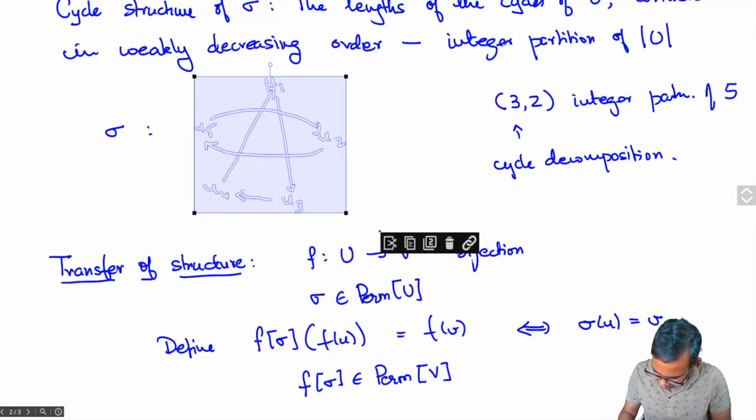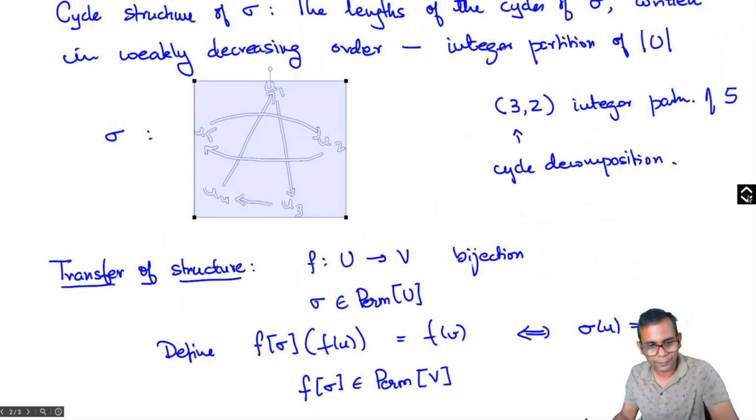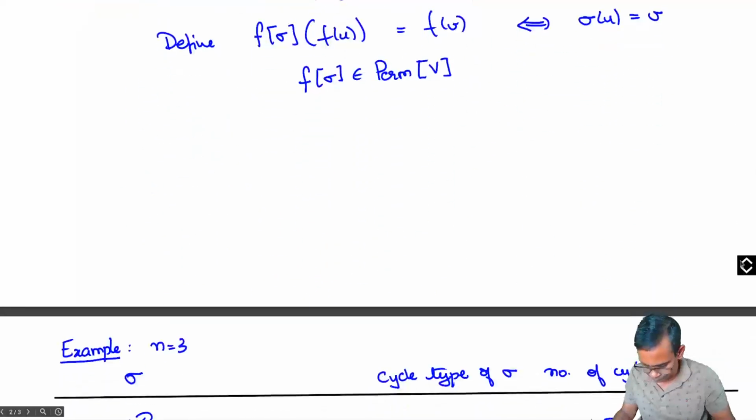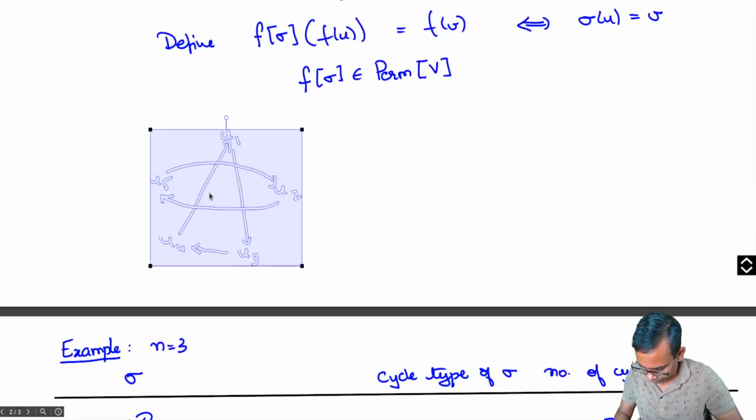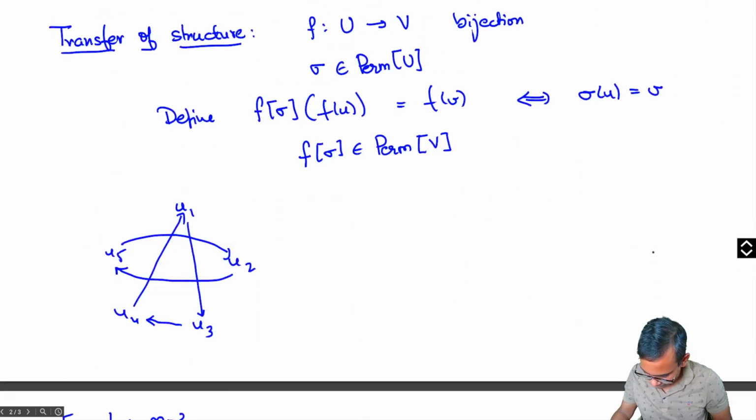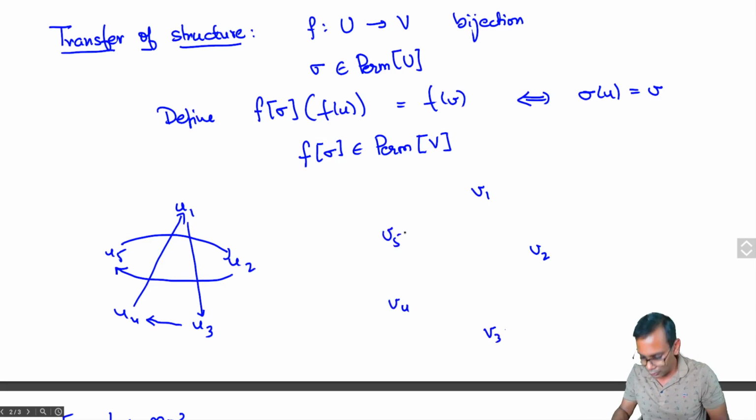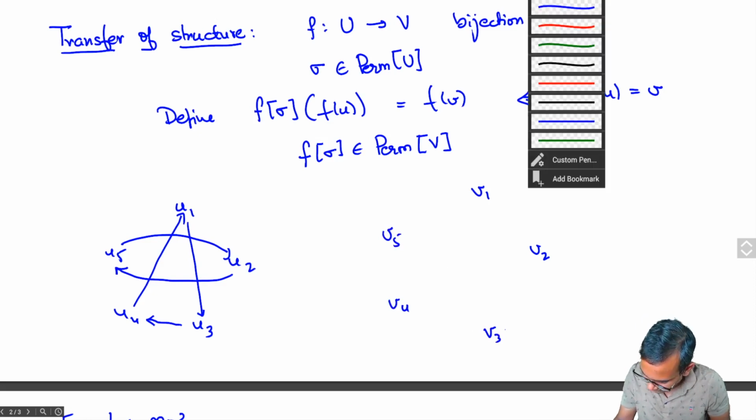So we have this permutation here on the set U. And suppose we have another set V, and f takes U1 to V1, U2 to V2, U3 to V3, U4 to V4, and U5 to V5. Then you can just draw the same arrows between the V's as the U's.